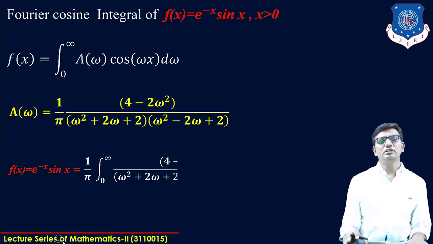Finally we get e raised to minus x sine x equal to 1 upon pi integration 0 to infinity, 4 minus 2 omega square upon omega square plus 2 omega plus 2 into omega square minus 2 omega plus 2, cos omega x d omega. This is our Fourier cosine integral of function e raised to minus x sine x for x greater than 0.